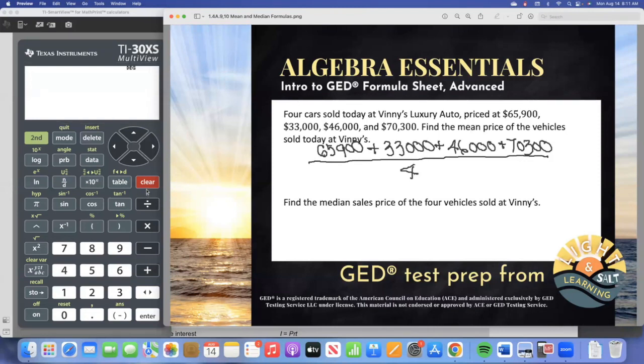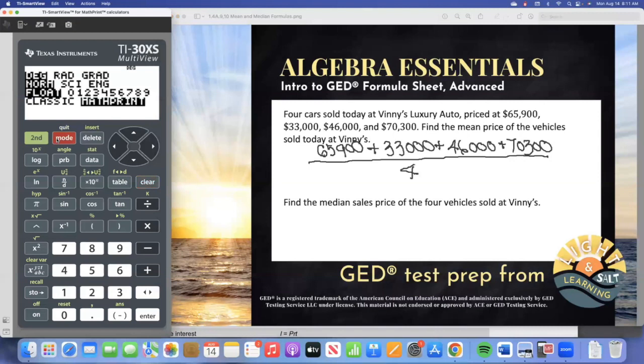Want to make sure that I'm in math print mode in order to do that. So I'm going to just go to mode, make sure that math print is highlighted in black. It is. If yours isn't, just arrow down across to math print, press enter to select it. And now clear to get out of this screen.